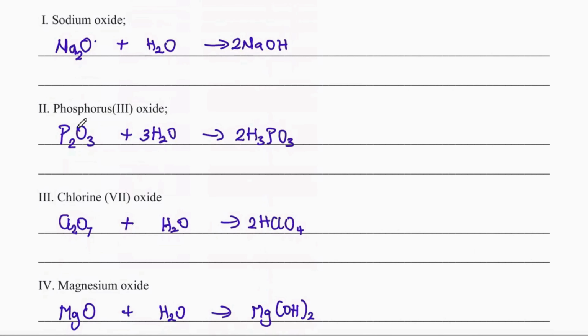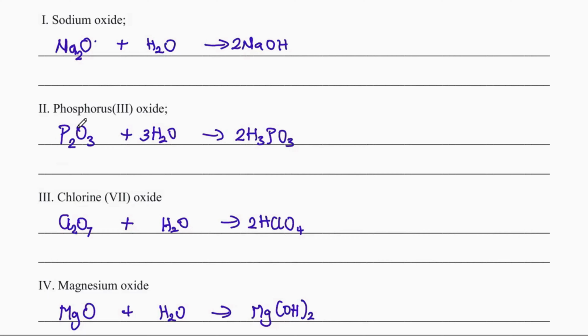We know that metallic oxides are basic, while non-metallic oxides are the ones that are acidic. So the greatest here will be chlorine, because chlorine is the most non-metallic here, followed by phosphorus, then magnesium and then sodium.